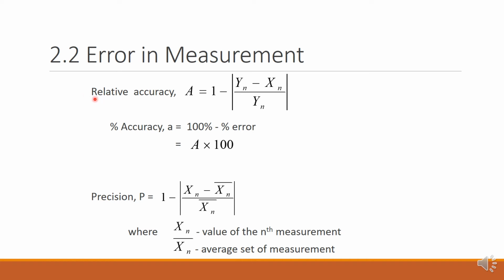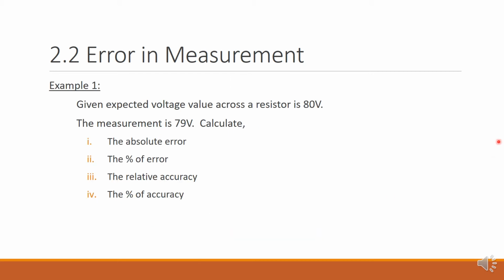The first thing is relative accuracy. Relative accuracy is derived from 1 minus the error. So now for example, take the absolute error, so 1 minus. In order for you to understand further, you can pause this slide and try to do the measurement yourself.